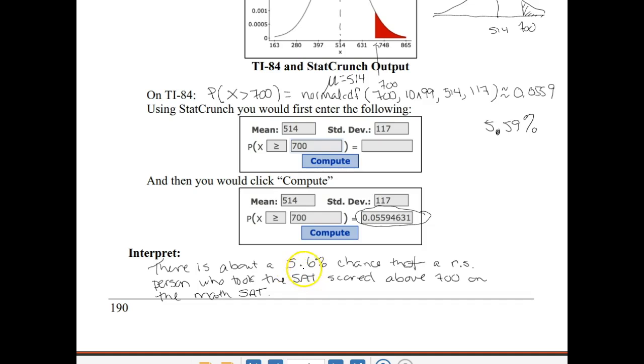Okay, so that is above 5%, so this is not unusual.